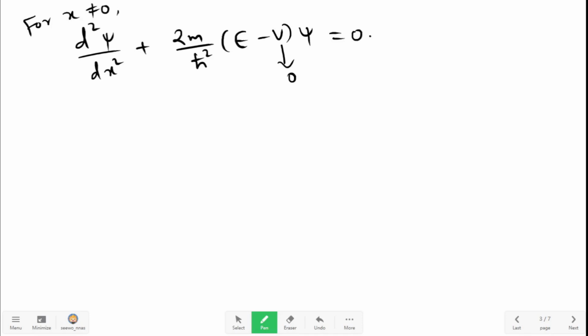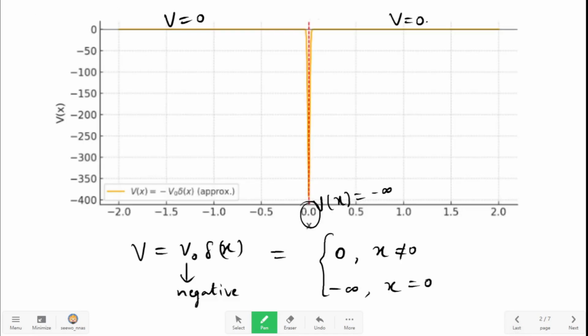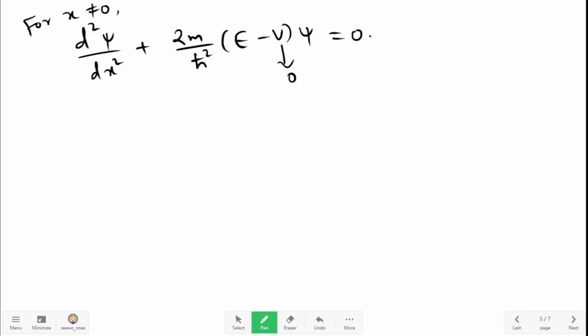V is 0. It is here. V is 0 when x not equal to 0. Therefore our equation becomes d square psi upon dx square plus 2mE upon h bar squared. Is this a negative quantity or positive? This is negative, because E is negative for bound state.